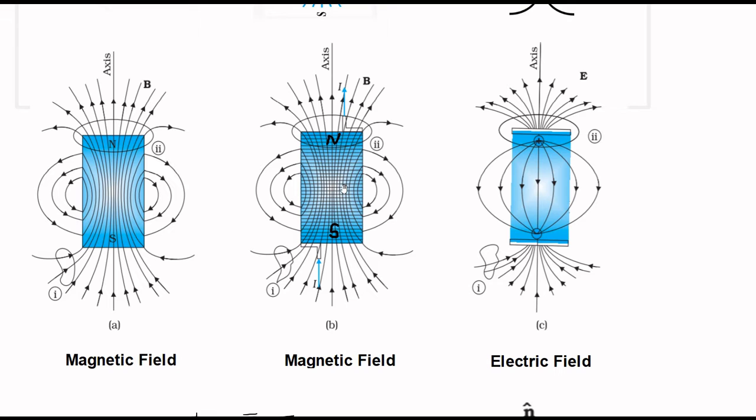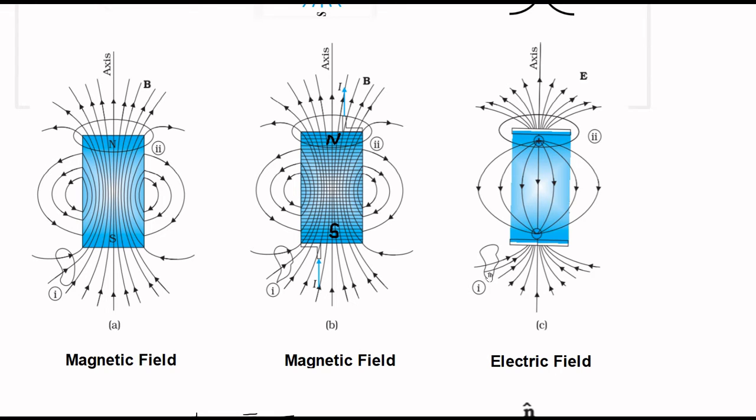Whereas in figure C, that is in electric dipole, it is obvious that for a closed surface represented by 1, the number of field lines leaving the surface is equal to number of lines entering in it. This is consistent with the fact that no net charge is enclosed by the surface.